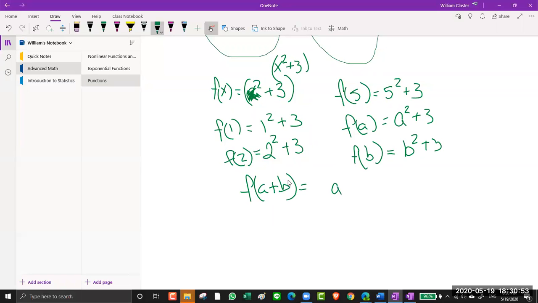So whatever we put in here, we're supposed to square it and then add 3. Now we're putting in a plus b, so we square that and add 3. What's f of a plus b plus c? a plus b plus c squared plus 3.